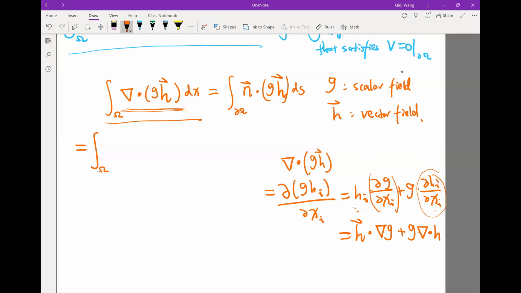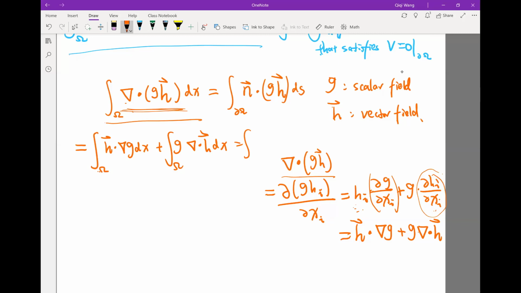So if I expand this, I get 2 terms: H dot the gradient of G dx plus G times the divergence of H dx.